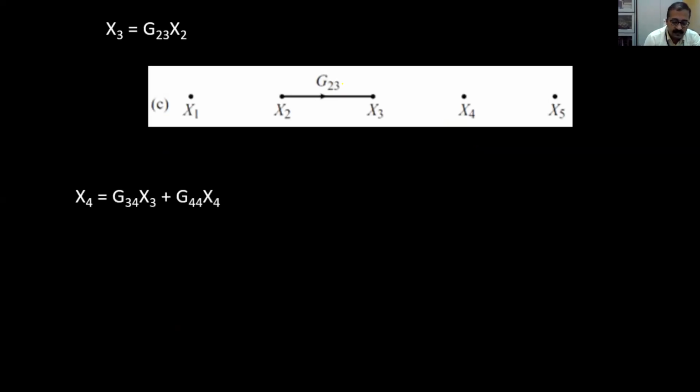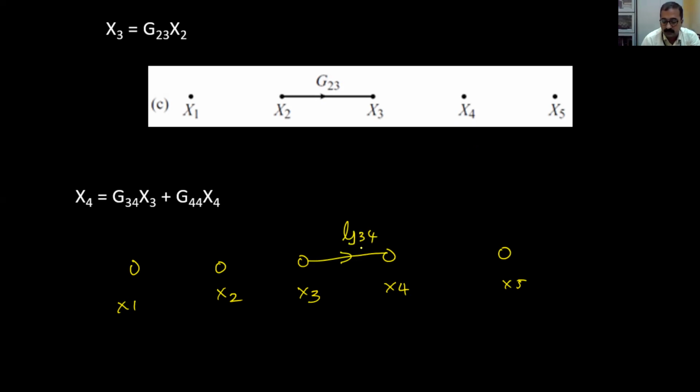Next equation: X4 equals G34 X3 plus G44 X4. So this is X1, X2, X3, X4, X5. What is X4? There's a branch from X3 at a gain of G34, and a branch from X4 at a gain of G44. What do you mean by that? It means it's a self loop.